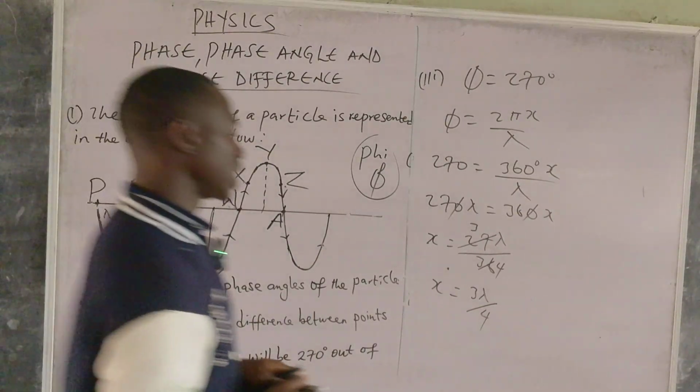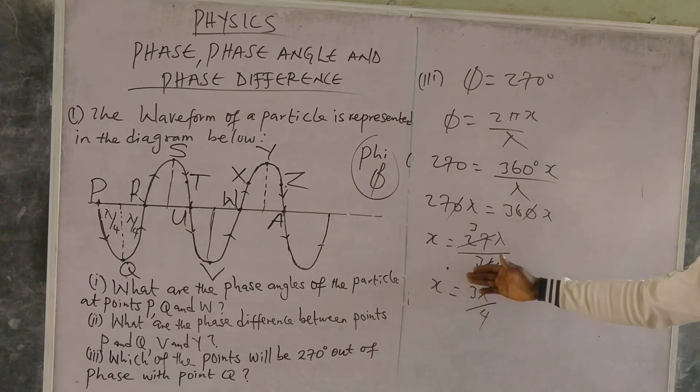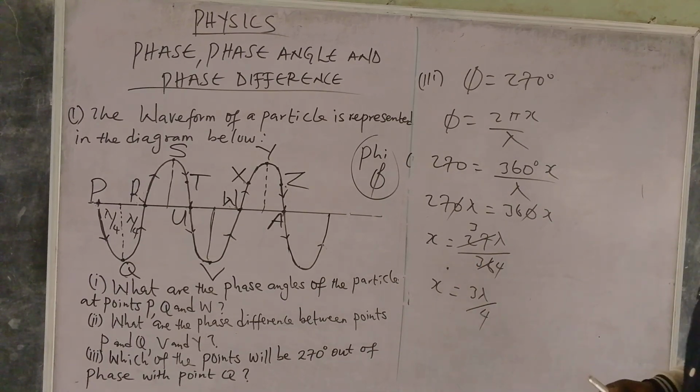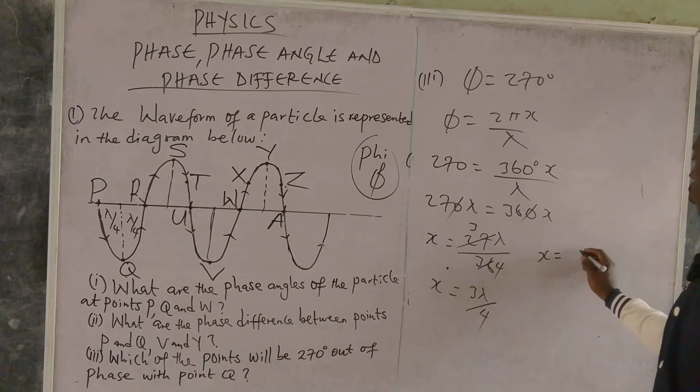But we have a general formula which we have to use. If you want to get those points, this is the formula you are going to use: x will be equal to 3 over 4 plus n, into lambda.